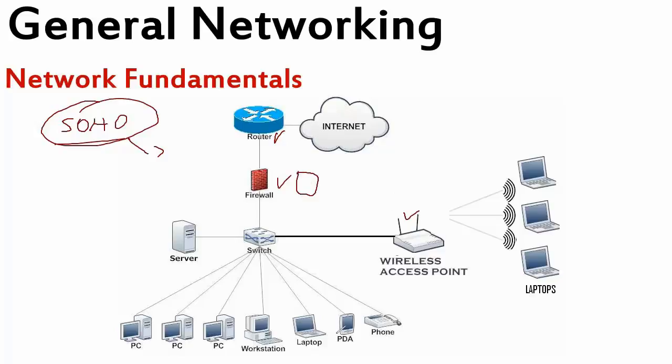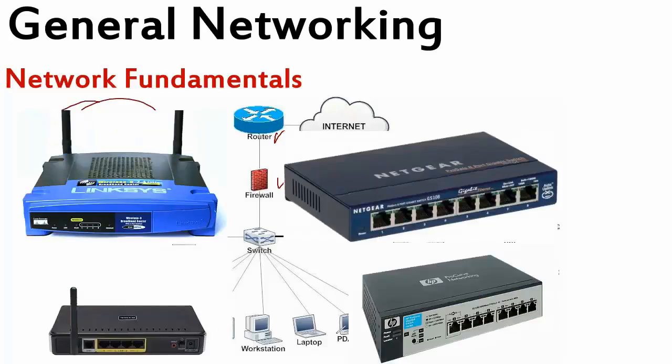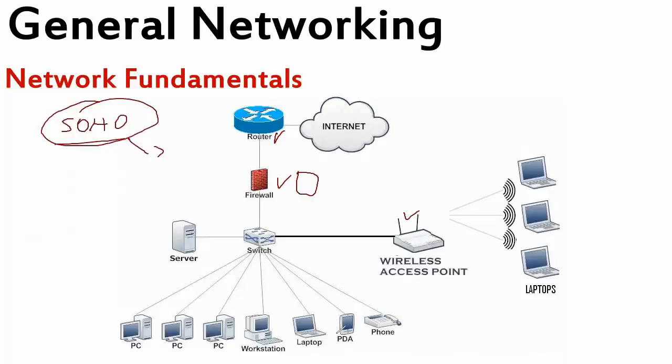If I show you this picture again, you will see most small office, home office routers will have an access point and a switch. We'll talk about it in a few minutes. A wireless access point, of course, allows our laptops and phones to connect to the network.